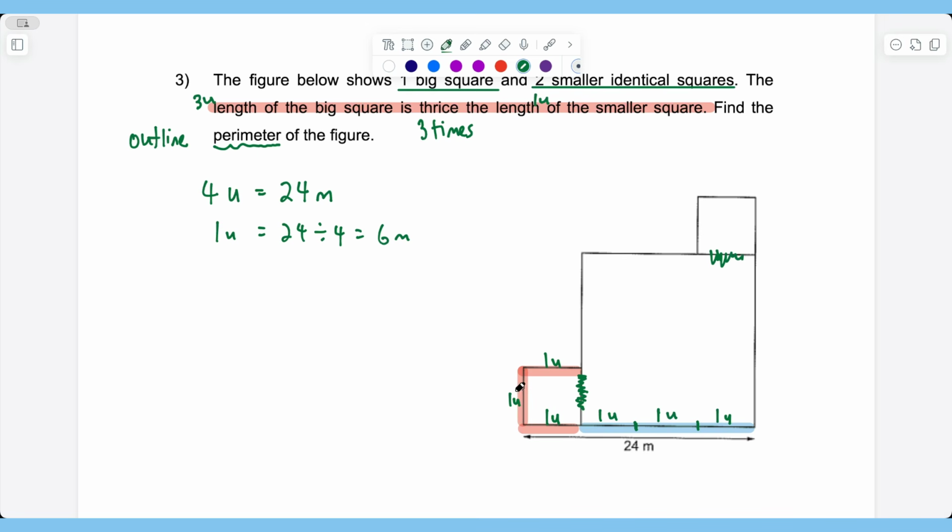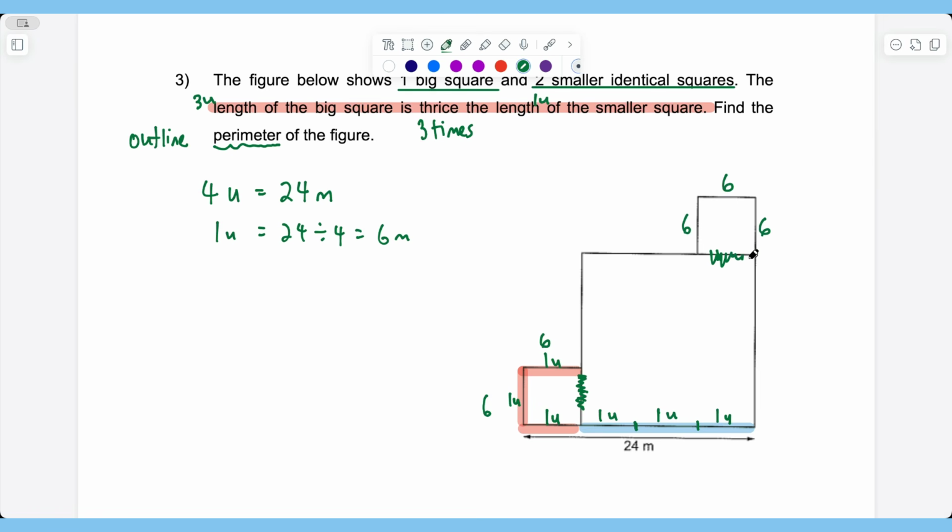So this 1 unit is 6 meters. We have another identical smaller square here, so the sides have identical length. So this is also 6, 6, 6.